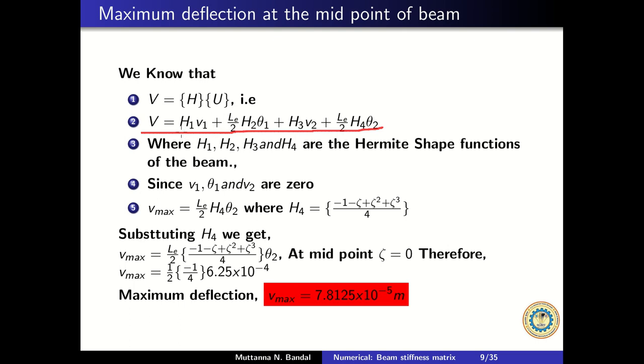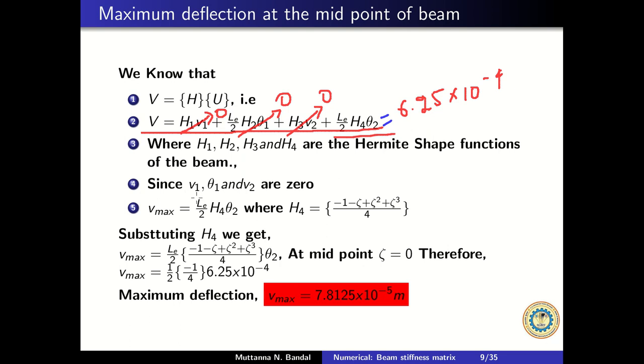So wherever the nodal displacements are 0, you cancel those. So v1 was 0, this term goes off. Theta 1 was 0, so this term goes off. v2 was 0, so this term is also 0. So since theta 2 is equal to 6.25 into 10 raised to minus 4 radians, I will be using only this equation now.